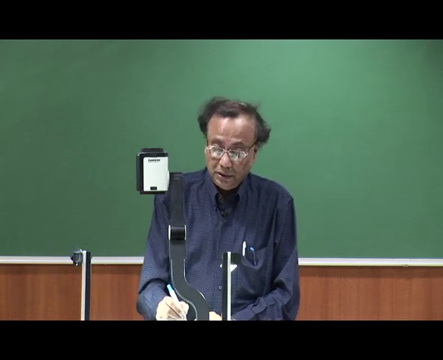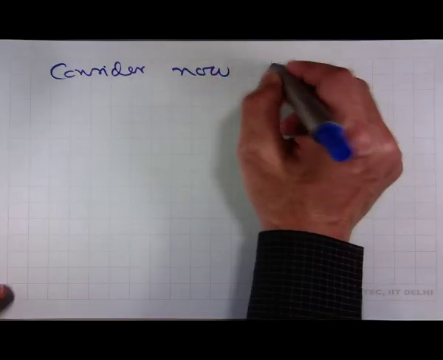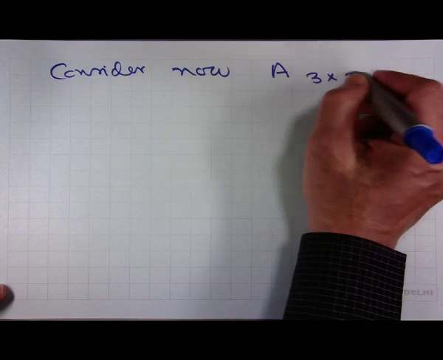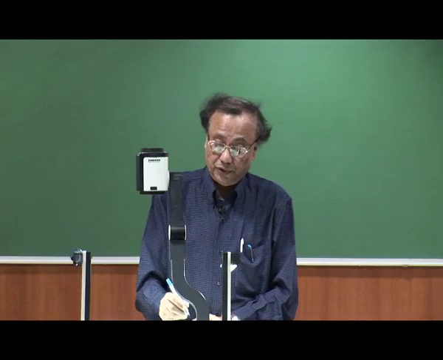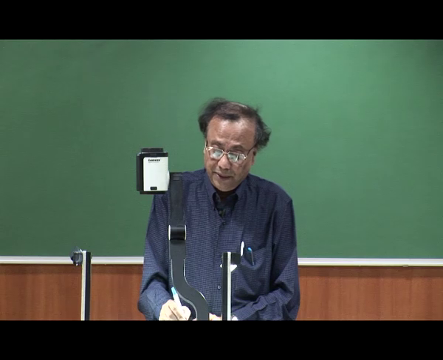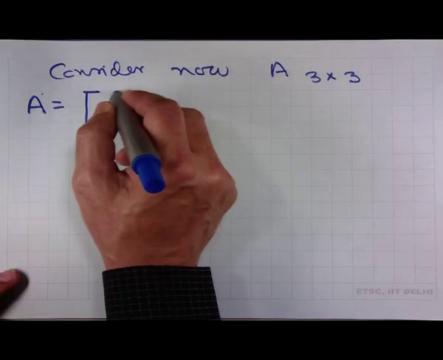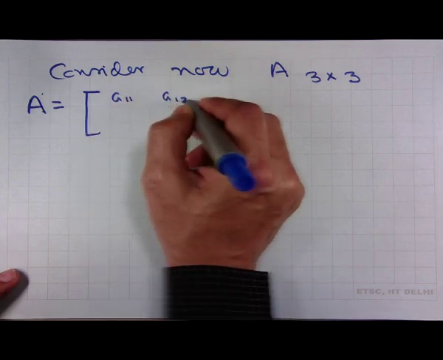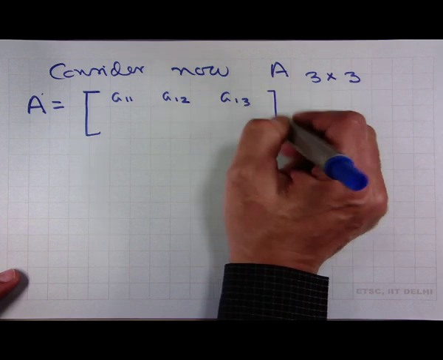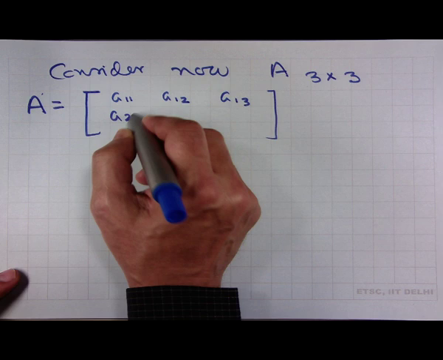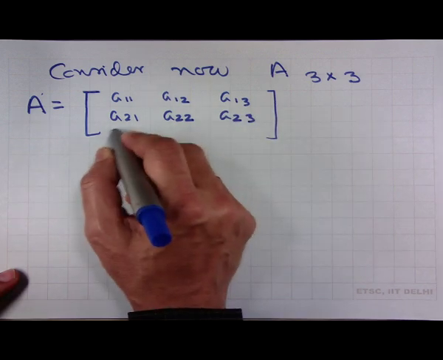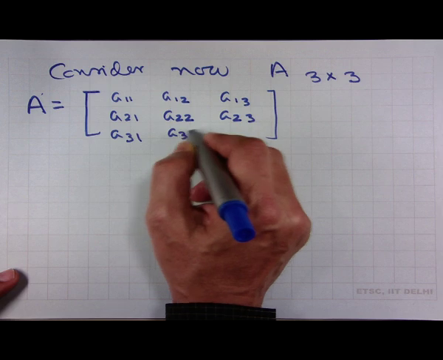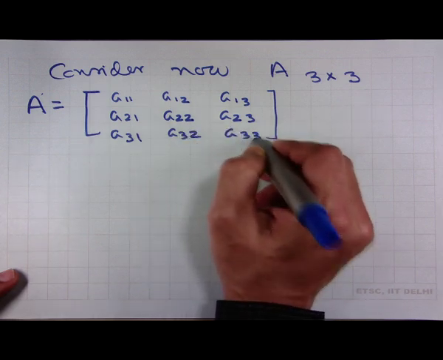For example, consider now A, which is a 3 cross 3 matrix. That means there are 3 columns and 3 rows. So, let A be A11, A12, A13, A21, A22, A23, A31, A32, A33.